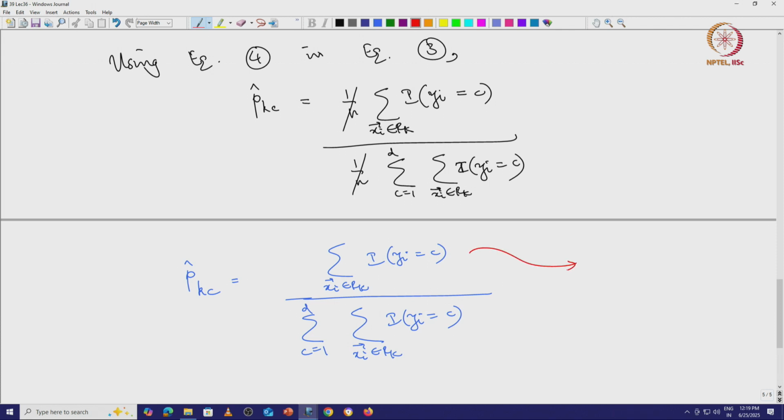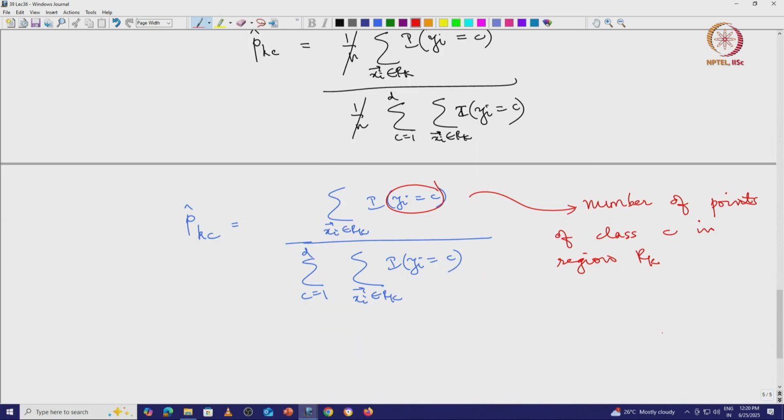So the numerator of this expression means the number of points of class C, right. That is what this indicator will tell you. Every time the yi equals c, the indicator function is 1, and every time that is not true, the indicator is 0. So if you sum over all the points in that region, that is the number of points of class C in region Rk.